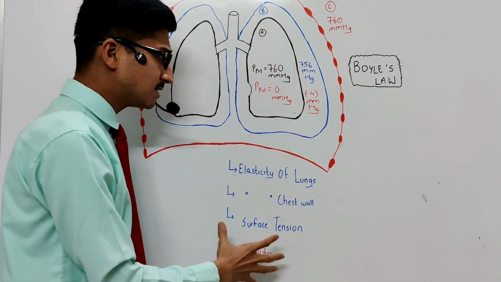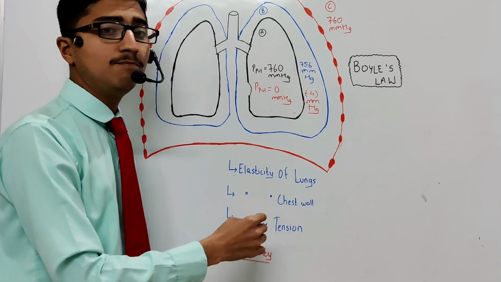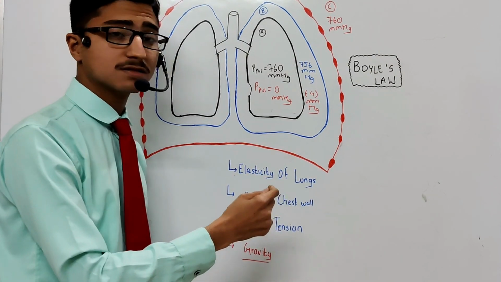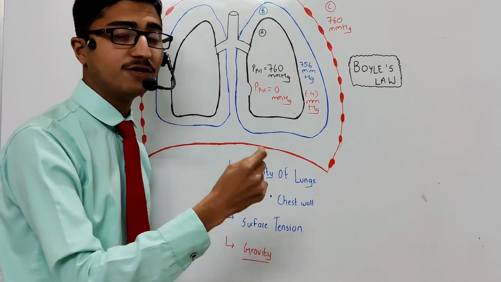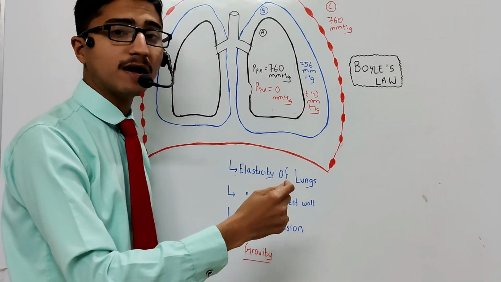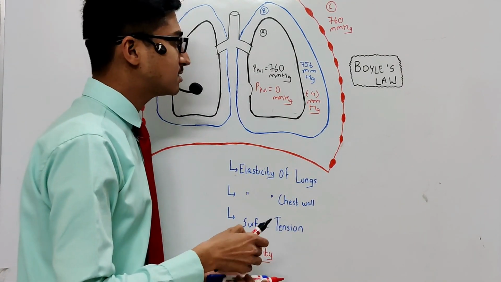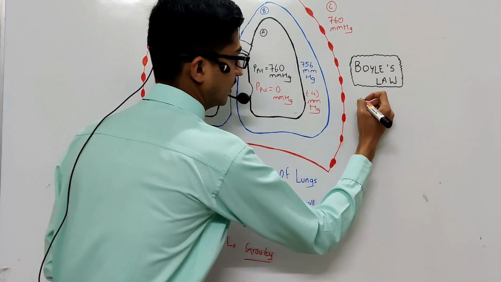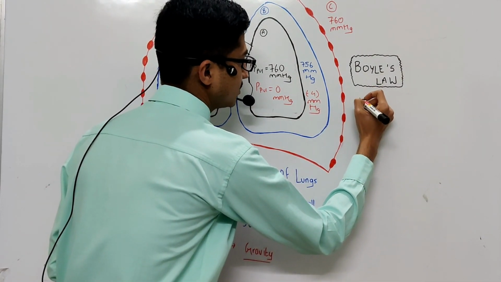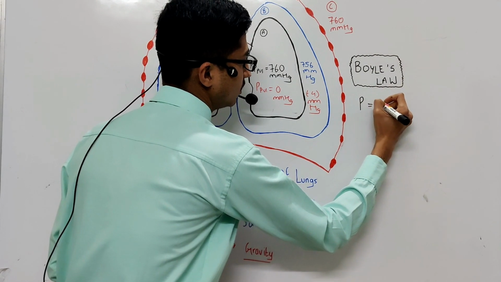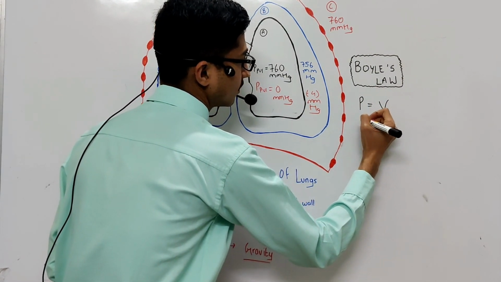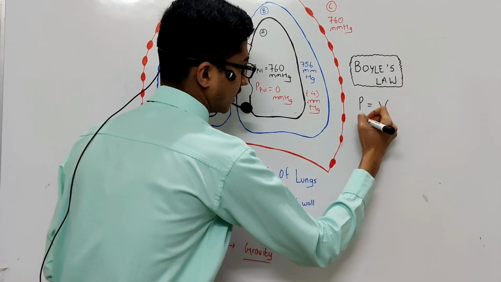Before discussing these reasons, I want to underline an important law which shows the relation of pressure with volume, which is given by Boyle, and famously it is known as Boyle's law. Let us see that. Pressure is equal to volume. No, this is not correct.